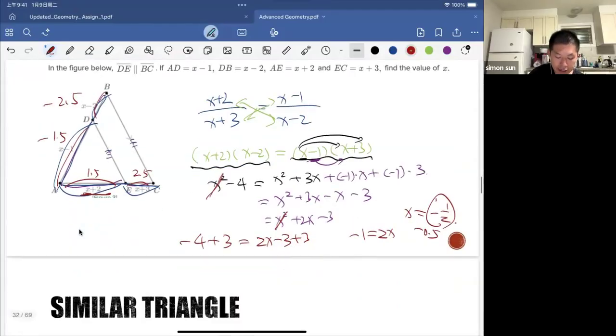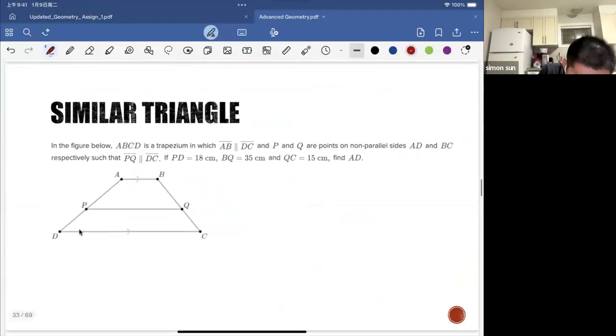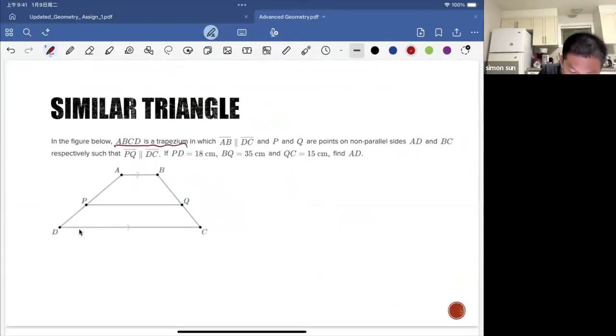Okay, let's take a look at another one. Look here. We have a trapezoid ABCD, and AB is parallel to DC. P and Q are points on the sides AD and BC. We also have PQ parallel to DC. Let's mark the lengths on the graph.